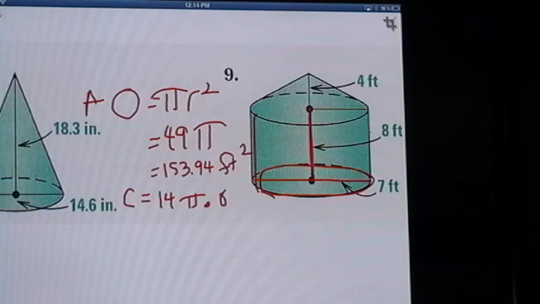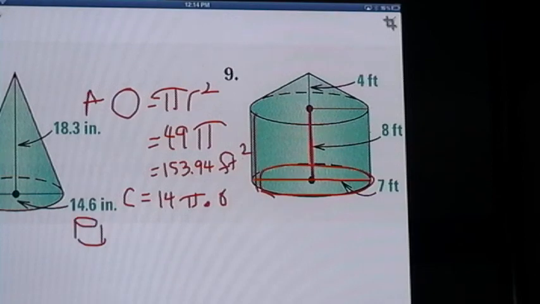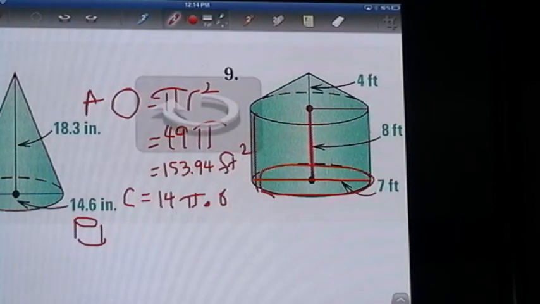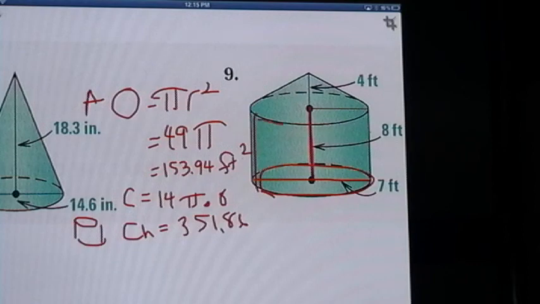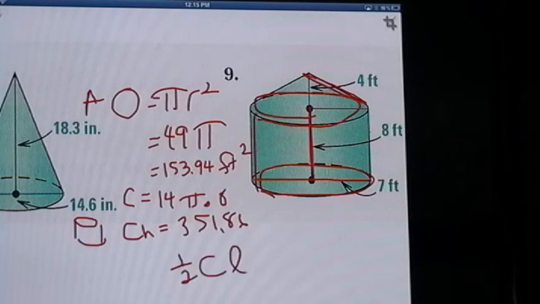So the cylinder paper is going to be circumference times height, which is 351.86. Okay, now we've got to find out what the lateral surface area is of this cone, and that's going to be 1/2 the circumference times the slant height.